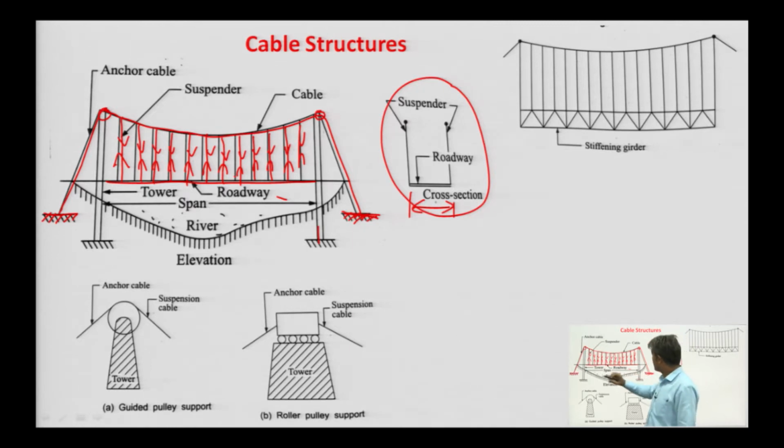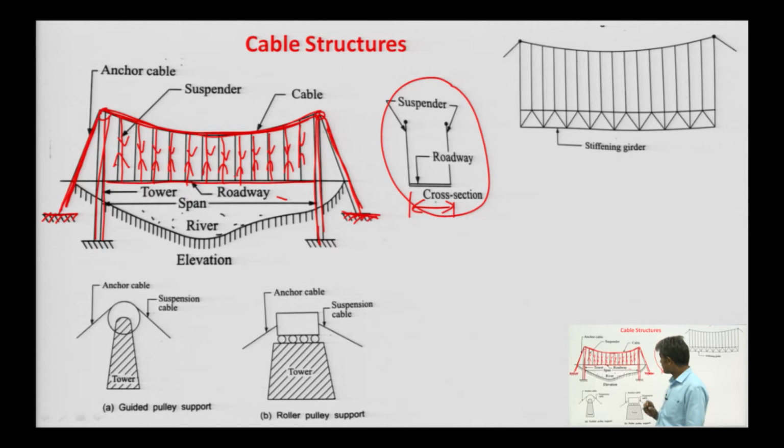So, different elements. This one cable is the anchor cable, on this side also the same name, anchor cable, and this one is the main cable. These are suspenders. Okay. These are the vertical members. These are the towers at both ends.